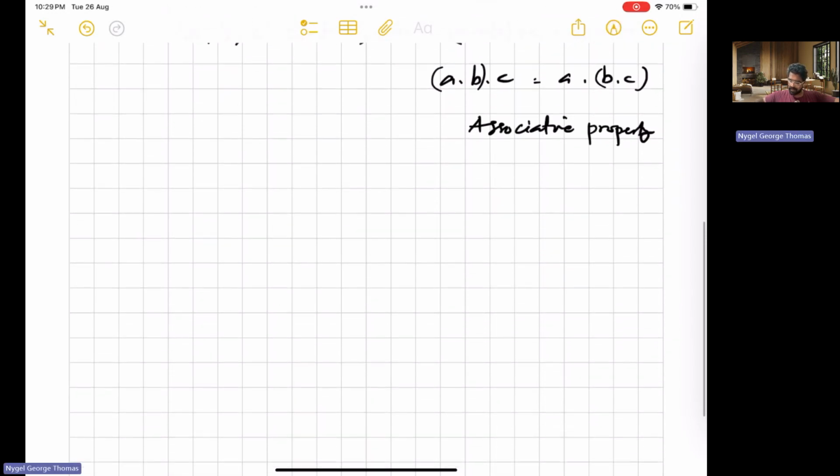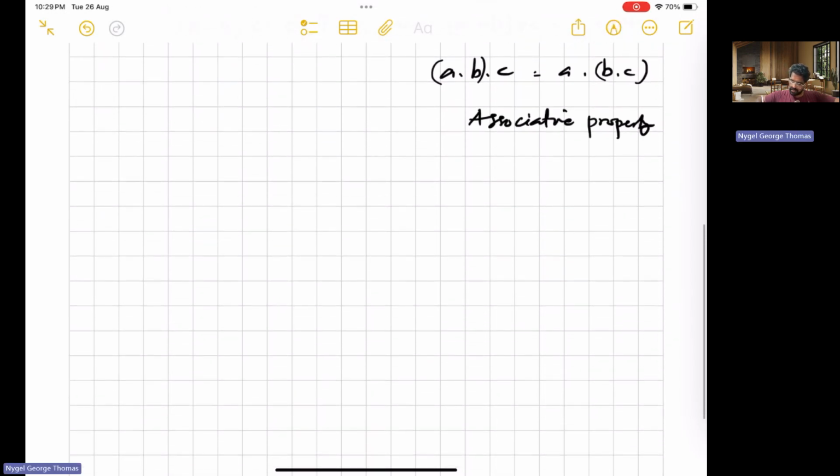Then we have the commutative property, which basically says A plus B is the same as B plus A, and A dot B is the same as B dot A. These are the commutative properties.